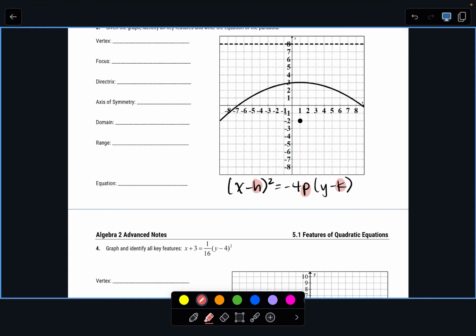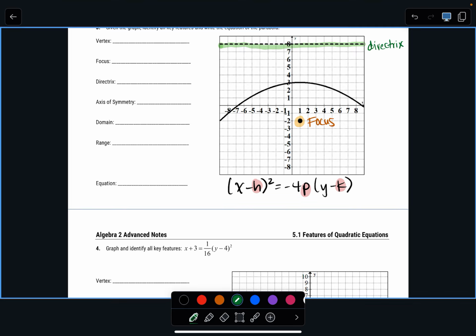So the first thing, whenever you see the focus, and I'm going to label some things that are already there: this point is going to be our focus. This line, and it's always going to be either horizontal or vertical, is going to be our directrix. The focus is always in line with the vertex.